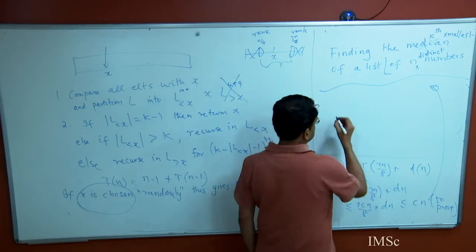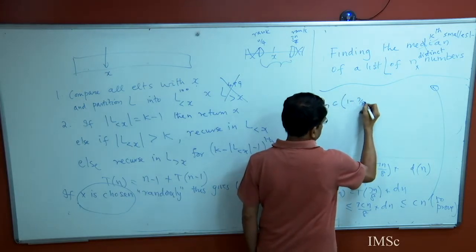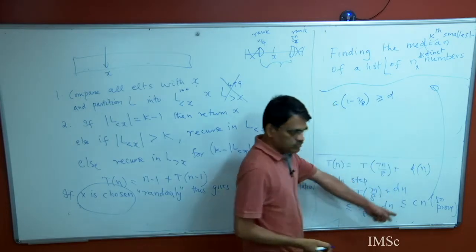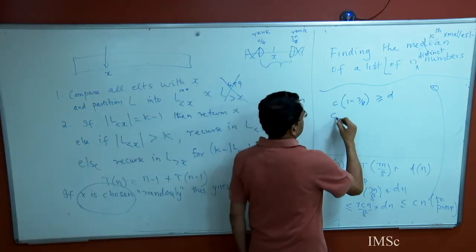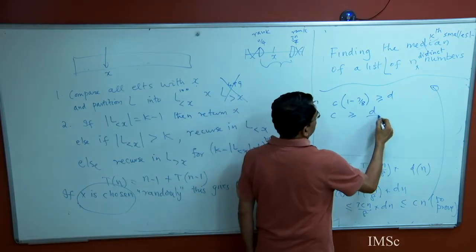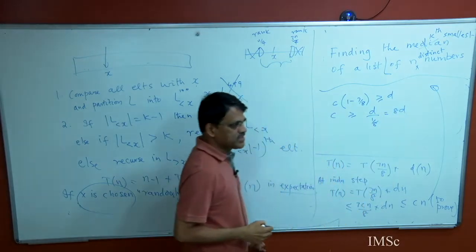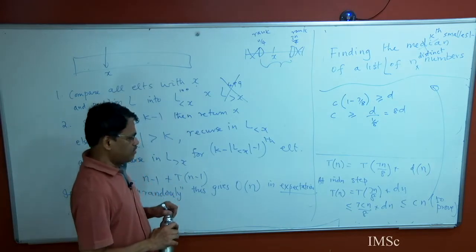I want C times (1 minus 7 by 8) to be greater than or equal to D. So I want C to be greater than or equal to D divided by 1 by 8, which is 8D. So choose your C greater than or equal to 8D, then you can prove this.